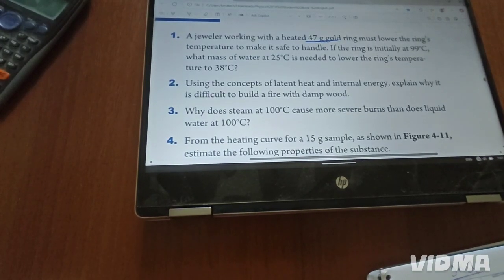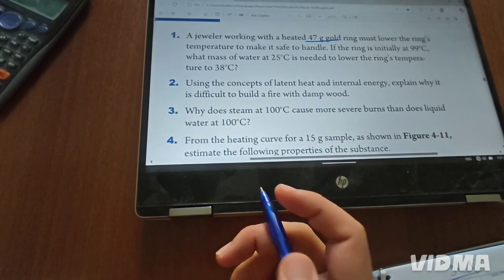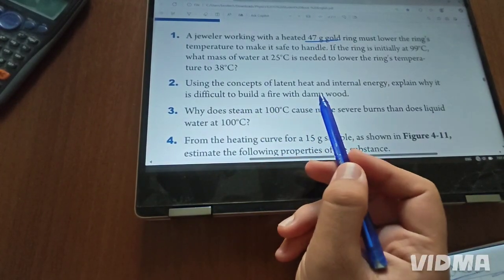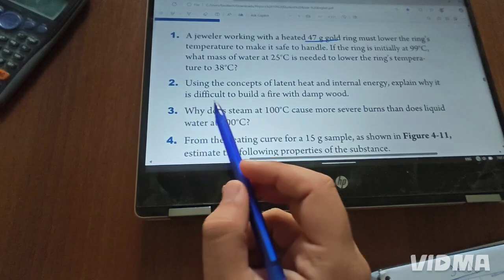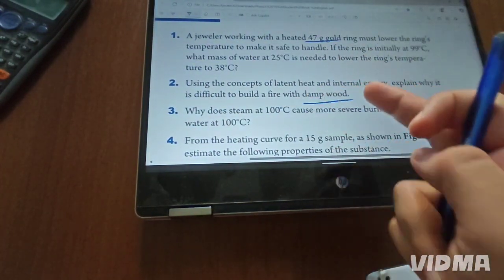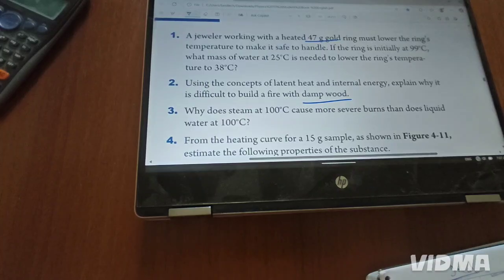Question 2. This question says, using the concept of latent heat and internal energy, explain why it's difficult to build a fire with damp wood.